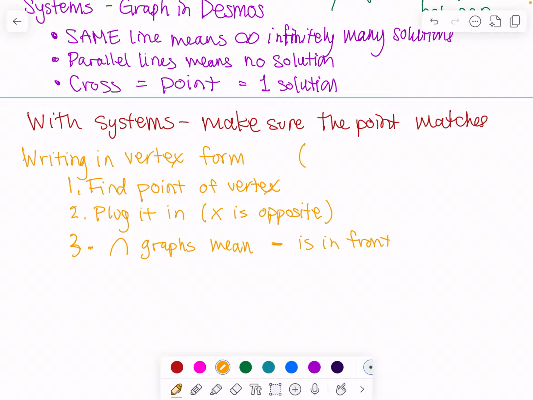If I had the point negative 3, 3, then this is going to be x plus 3 squared, plus 3 right here. And then it was frowny, and then the negative in front. We didn't really care about the number. You could always go back and double check with Desmos to see if it works. If it doesn't work, that's okay.